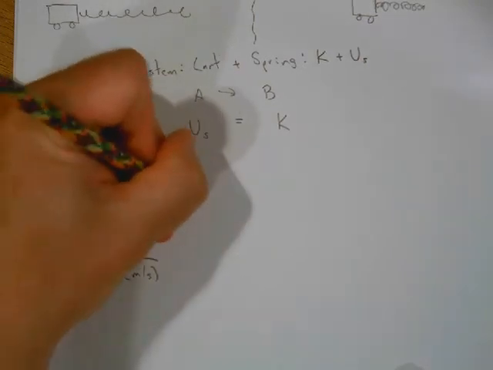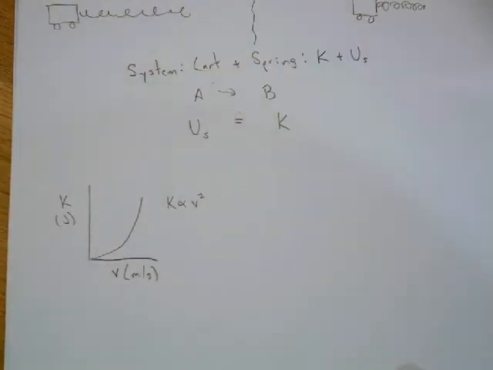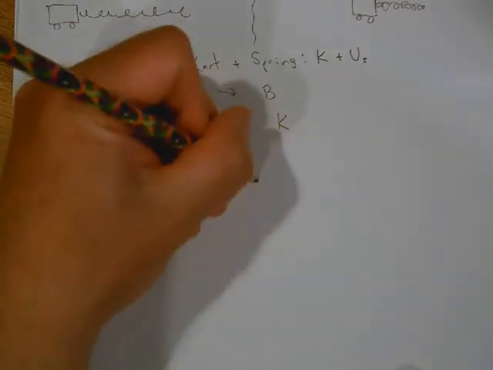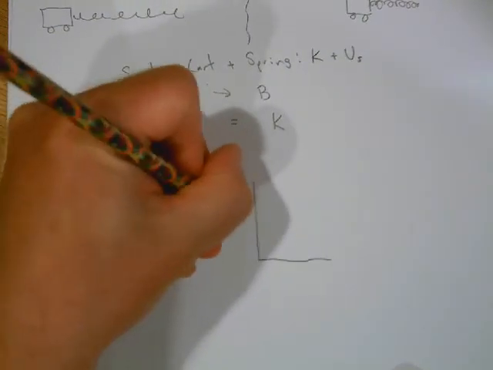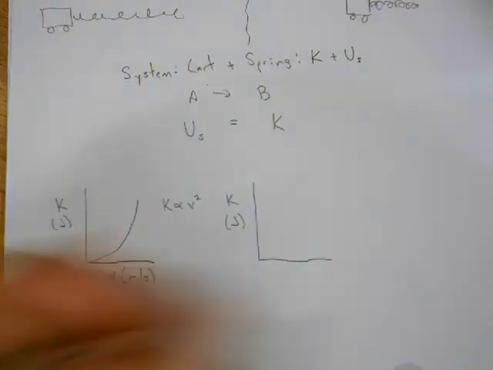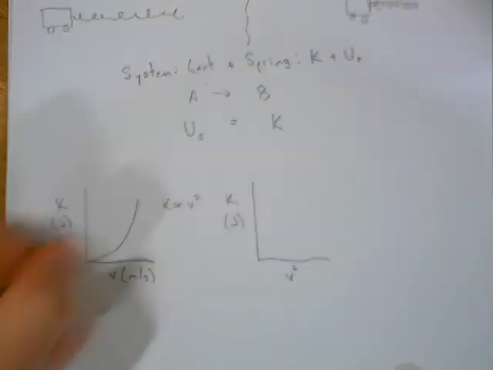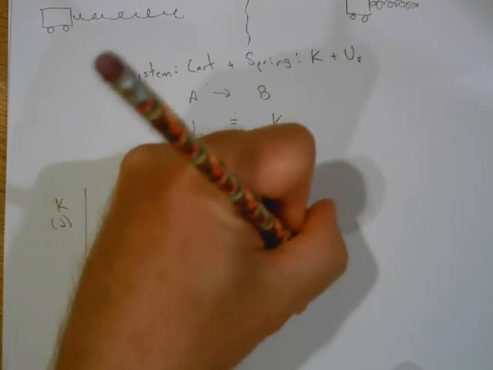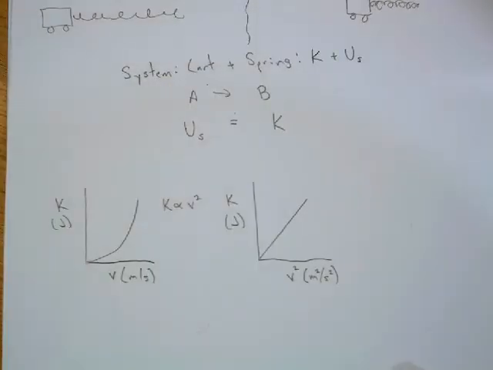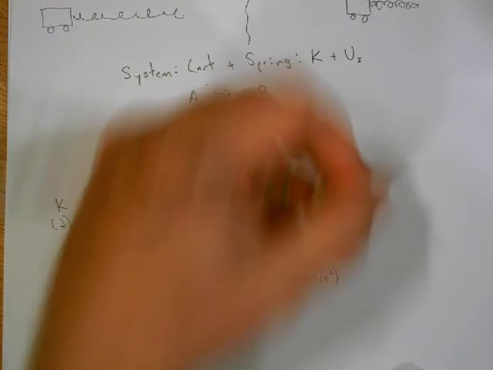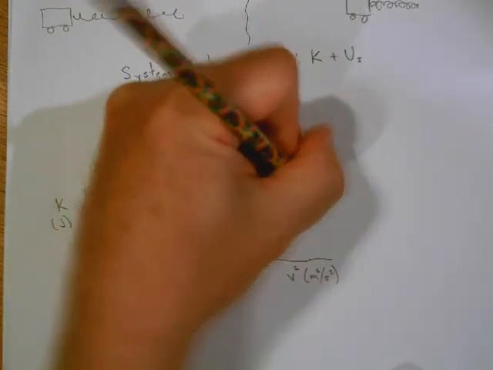You should have found that kinetic energy was proportional to speed squared, which means you're supposed to linearize it. So you would have kinetic energy in joules, and speed squared, measured in meters squared over seconds squared. Then you should have gotten a line, and you're supposed to look at the slope.